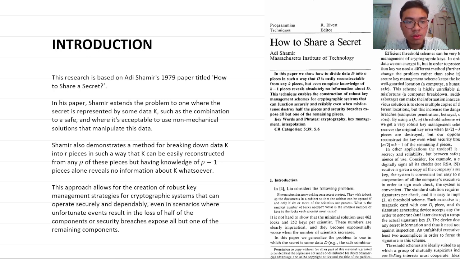Shamir also demonstrates a method for breaking down data k into r pieces in such a way that k can be easily reconstructed from any rho of these pieces, but having knowledge of rho minus 1 pieces alone reveals no information about k whatsoever. This approach allows for the creation of robust key management strategies for a cryptographic system that can operate securely and dependably even in the worst scenario.